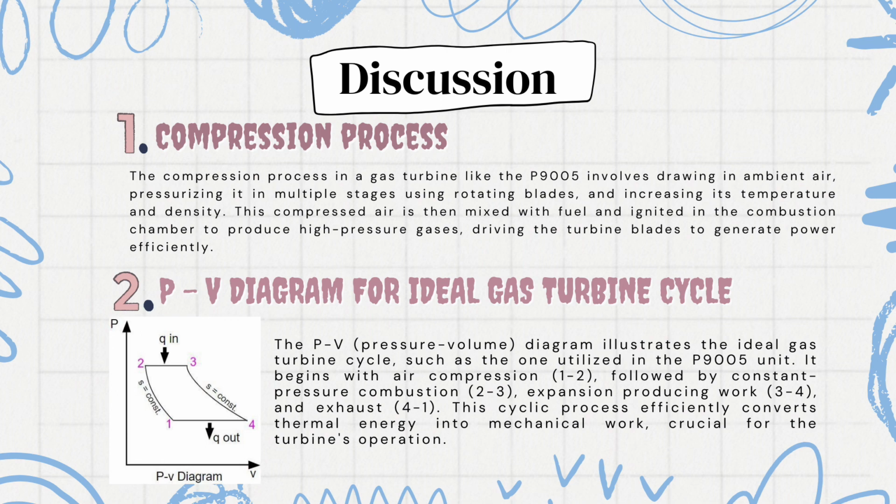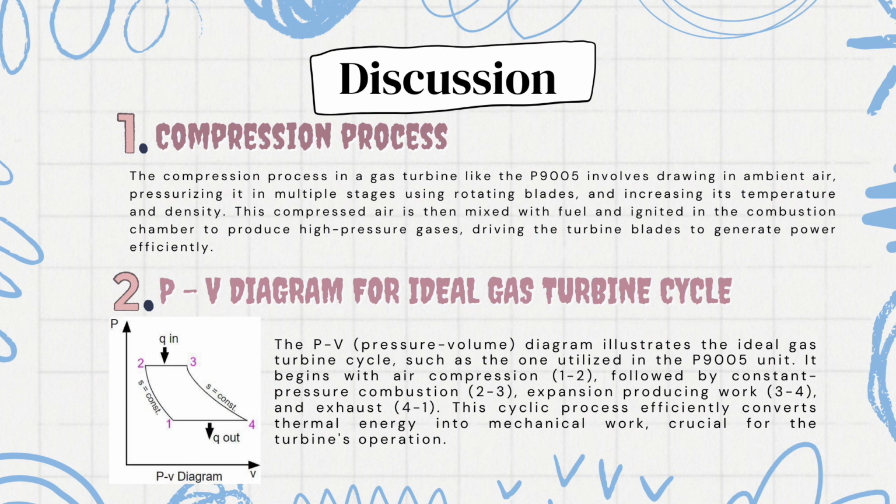Question number 2 is explain about PV diagram for an ideal gas turbine cycle. Okay, the PV, meaning pressure volume diagram, illustrates the ideal gas turbine cycle, such as the one utilized in the P9000 units.